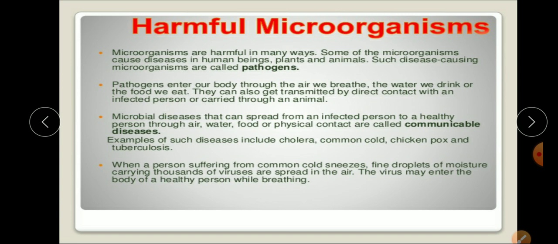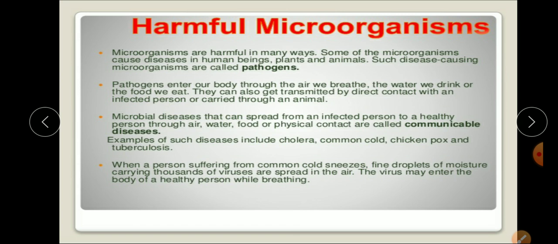Pathogens can enter our body through what? Through air, through water, through food. Even it can be transmitted by direct contact with an infected person or through an animal. Okay.